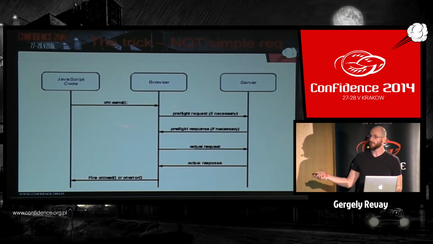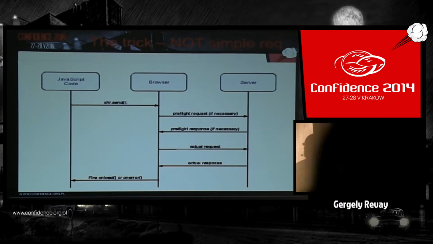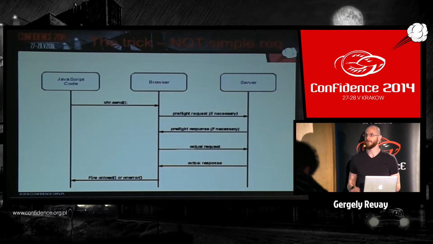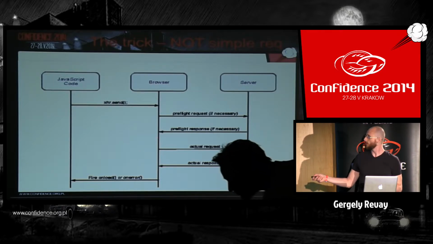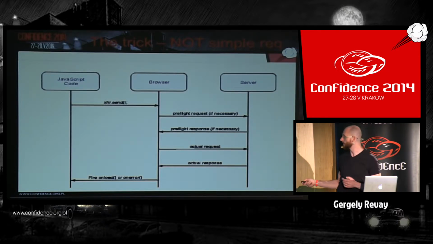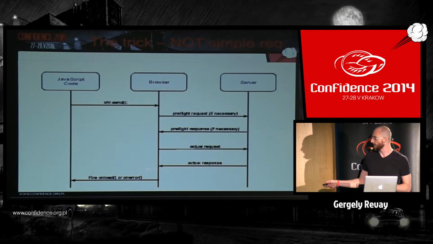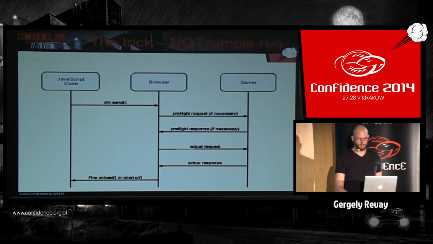The server will respond, telling the browser that I will accept this and this and this kind of request. And then the browser makes another decision whether the request you sent is allowed by the server or not. And if it's allowed, then it will send the original request that you set here. So this request will be just sent here. And then it happens, as always, the server will do whatever you asked for, and then you get a response back.